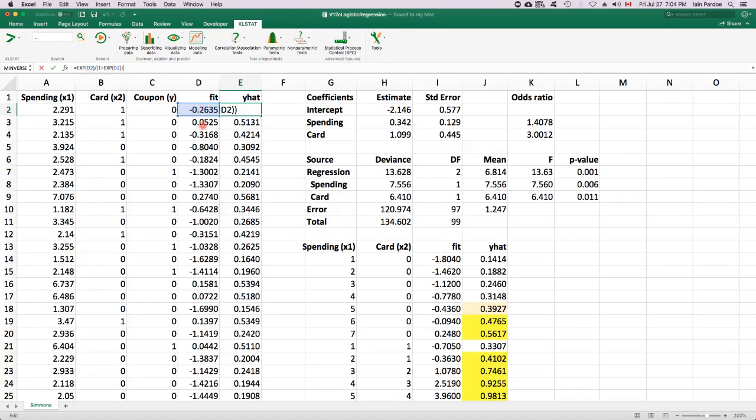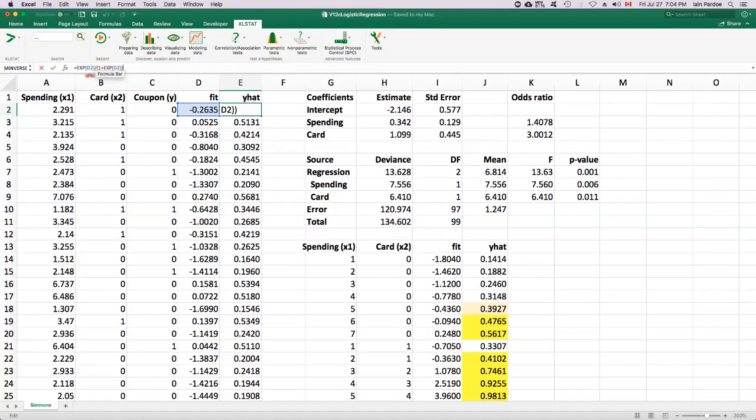To exponentiate a number means to have the number e raised to the power of, in this case, minus 0.2635. And then we divide that by 1 plus exp of the number. Okay, so that's the transformation that we're using here.